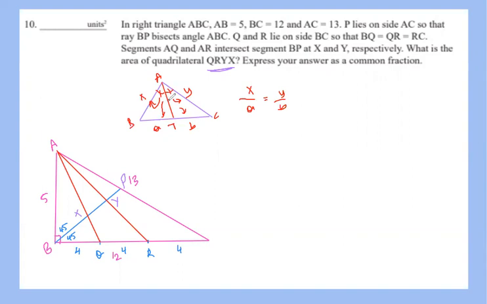Basically, whenever you have a bisector, the ratio of the side next to it divided by the opposite side is the same on both sides. Based on this, looking at triangle ABQ, this is a bisector, so 5 to 4 ratio, which means the ratio of 4 to XQ equals 5 to 8X. If I call this 5A, this is going to be 4A.